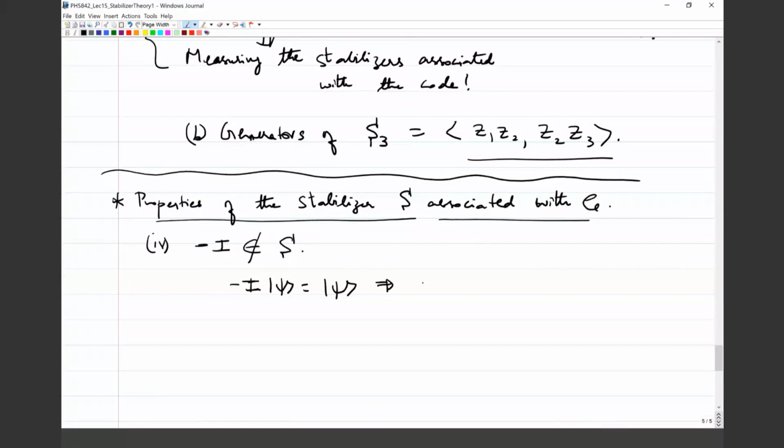It means that the state itself is the null vector, right? So I cannot have any state that is stabilized by minus identity. So minus identity is not an element of the stabilizer, just like how we said plus identity is always an element of the stabilizer.